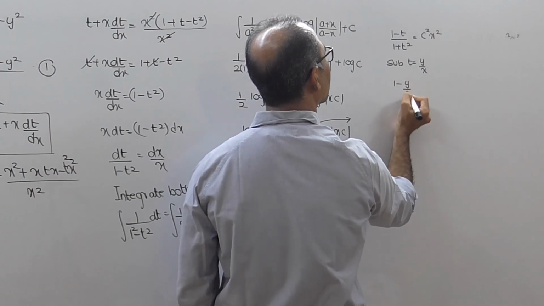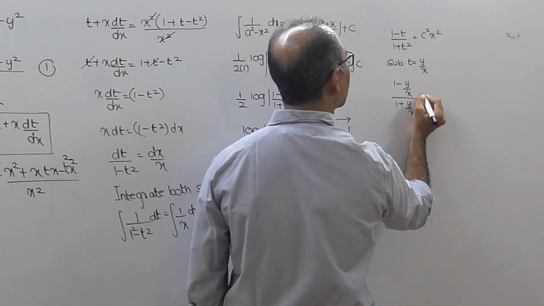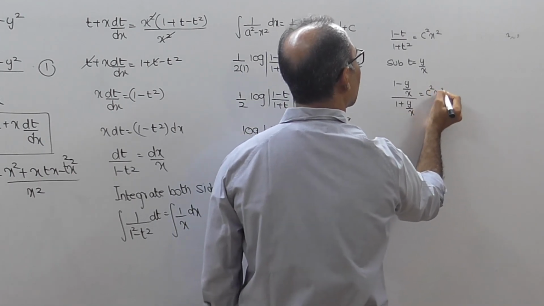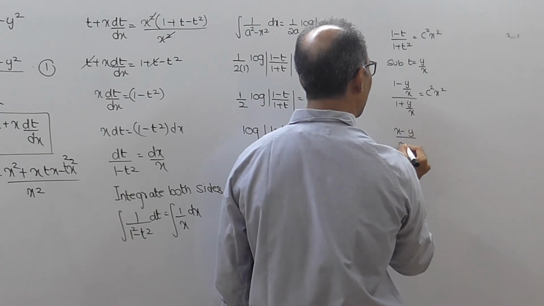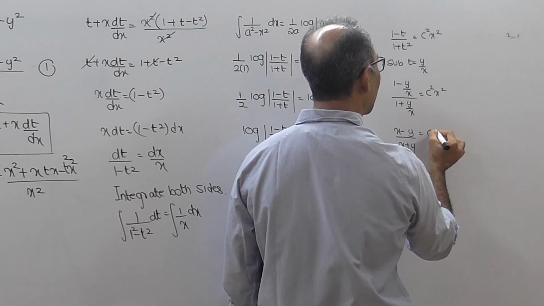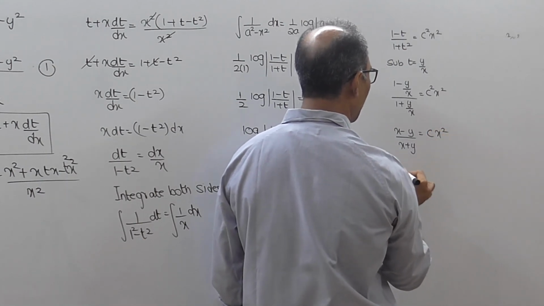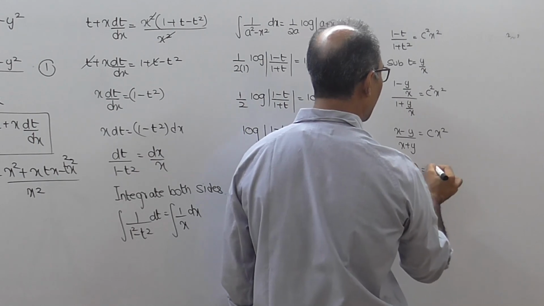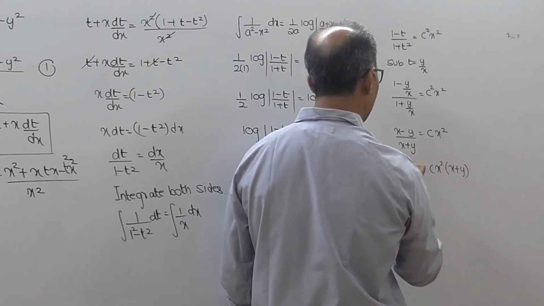This is 1 plus y upon x, the whole upon 1 minus y upon x, equal to c square x square. Take LCM, you get x plus y upon x minus y equal to c square x square, and this we can write as c x square. Maximum you can do is x plus y equal to c x square into x minus y. This is the final answer.